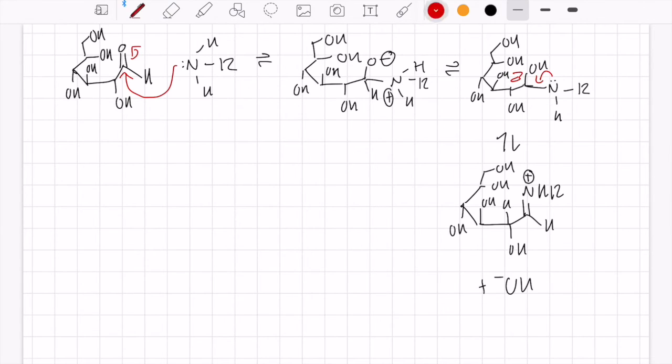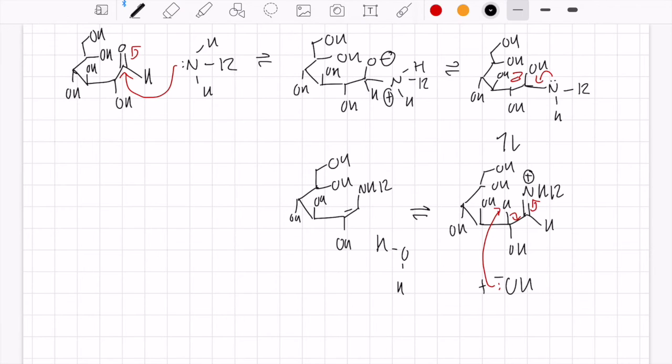So then the alpha carbon is deprotonated to create a double bond between carbon 1 and carbon 2. Now the lone pair on the alcohol of carbon 2 then pushes down to form a double bond, and the double bond between carbon 1 and 2 grabs a proton from water.